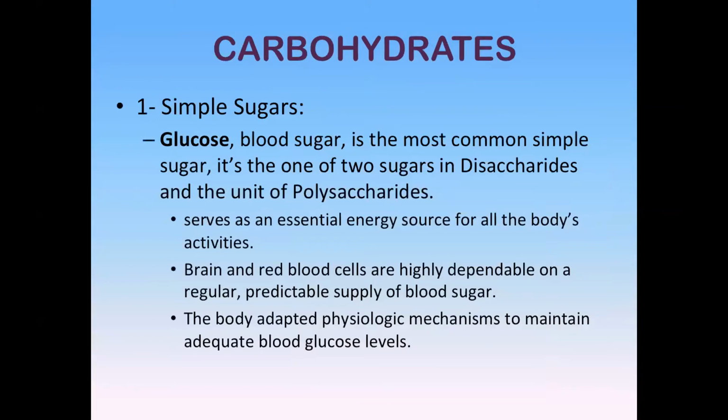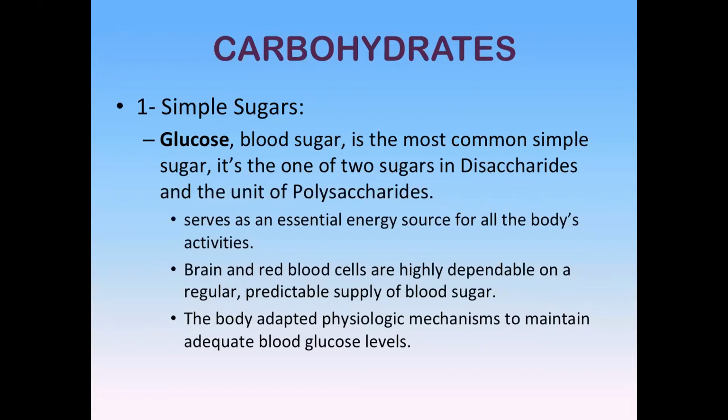Glucose, for example, is the blood sugar, which is the most common simple sugar, and we always see it as one of the 2 sugars in the disaccharides. Because disaccharides are 2 sugar molecules, one of them is glucose and the other is a different simple sugar.